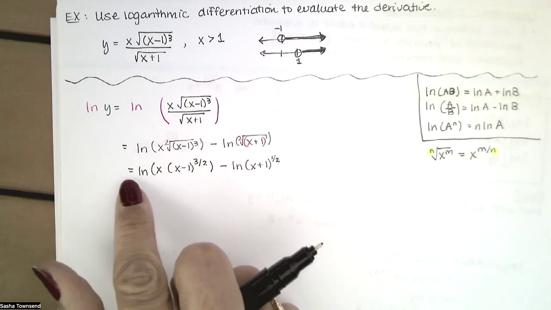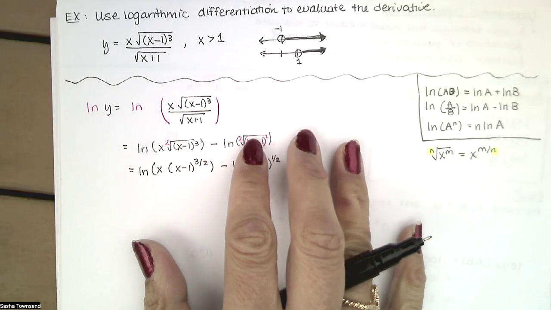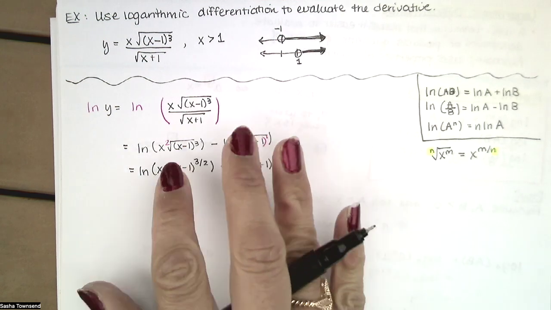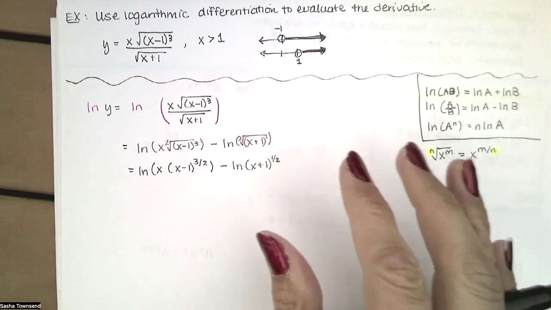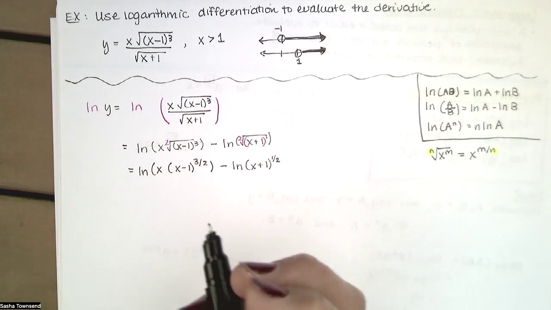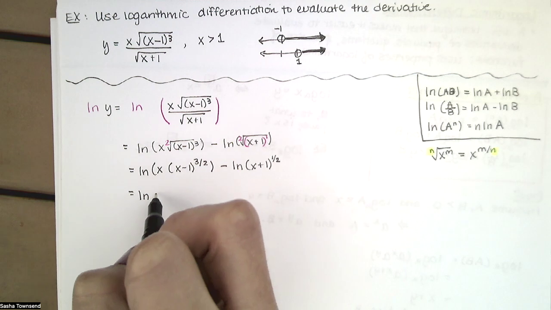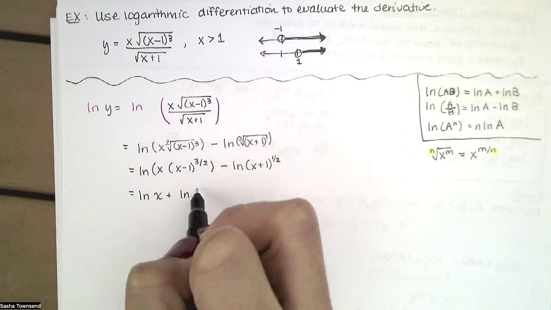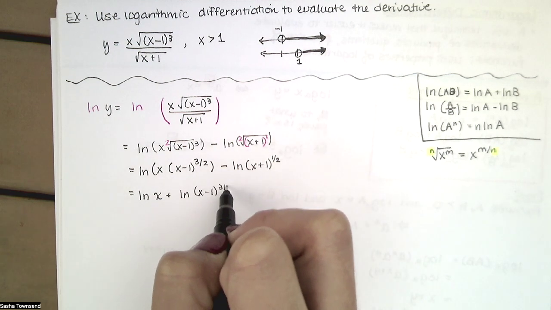And then you say, okay, for this, you again sort of stand back and squint. What does it look like? It looks like a product, right? I'm multiplying something with something else. So according to the product rule, the log of a product is the log of the first factor plus the log of the second. So we'll have log of x plus log of x minus 1 to the 3/2 power.